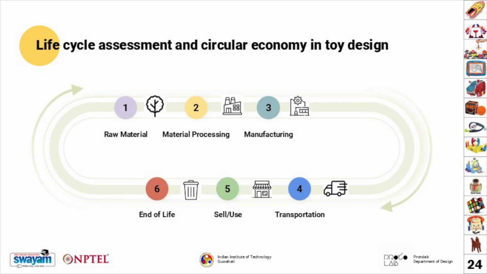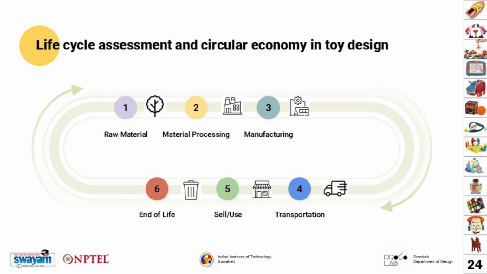After manufacturing, toys are transported to markets, which includes the steps of packaging, distribution, and logistics, which leads to fuel consumption and carbon emissions. Here, sustainability efforts aim to reduce transportation distances, optimize packaging, and improve supply chain efficiency.